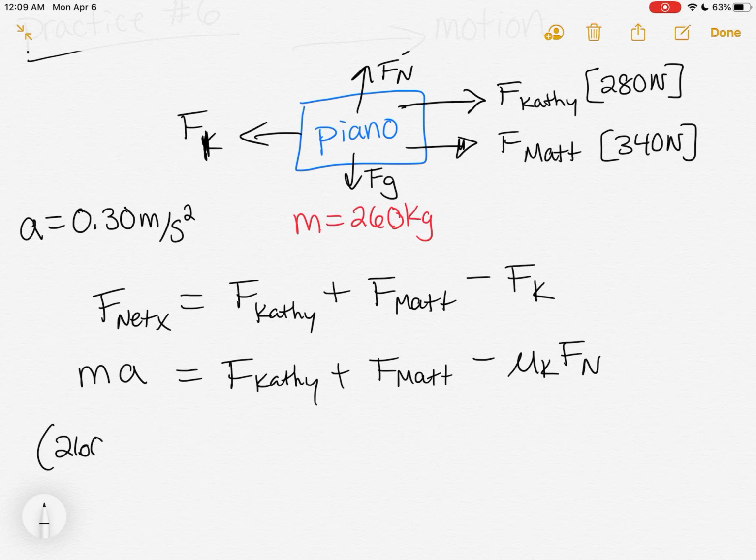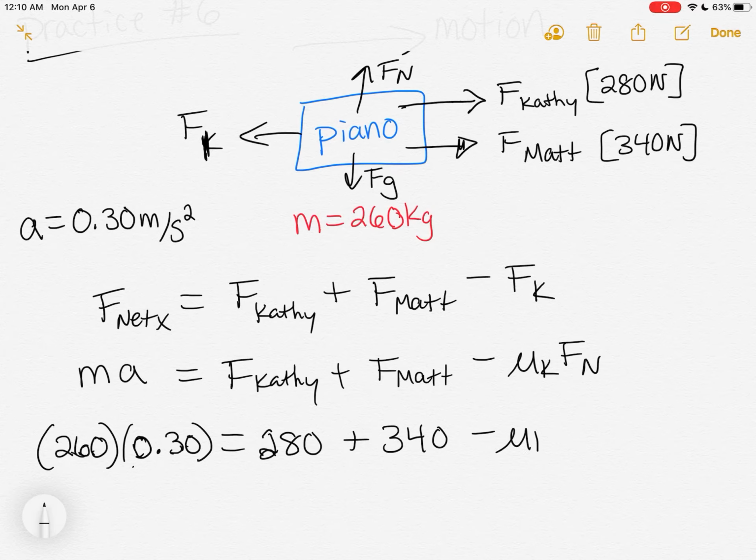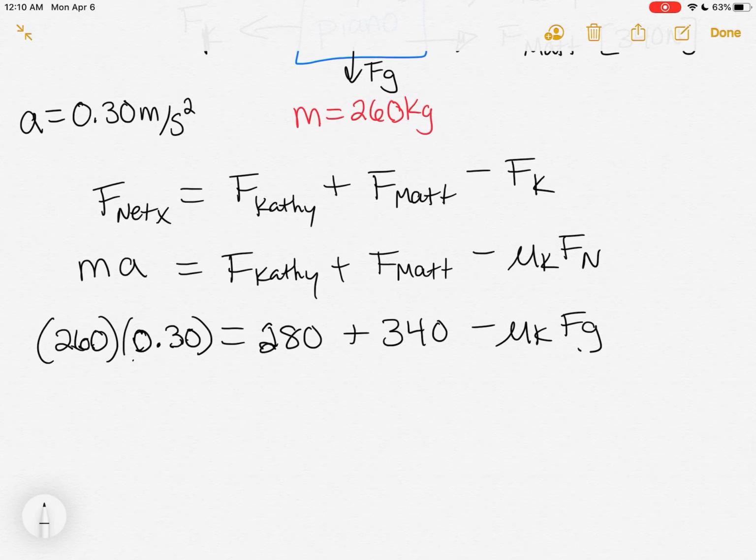So the mass of the piano is 260 kilograms. The acceleration we knew was 0.3. The force of Kathy is 280 newtons. The force of Matt is 340. And then we also know that Fn is actually equal to Fg in this case.